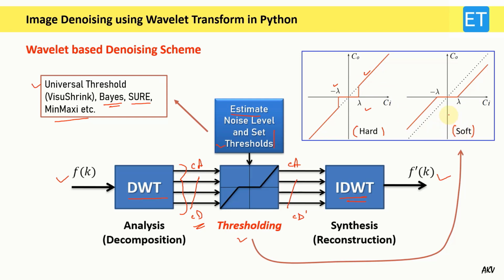In soft thresholding, the wavelet coefficients within this range are zeroed out, of course, but the coefficients beyond this range are also shrunk by some constant value as shown here. So this is the basic scheme which works to denoise images or signals using the wavelet transform.